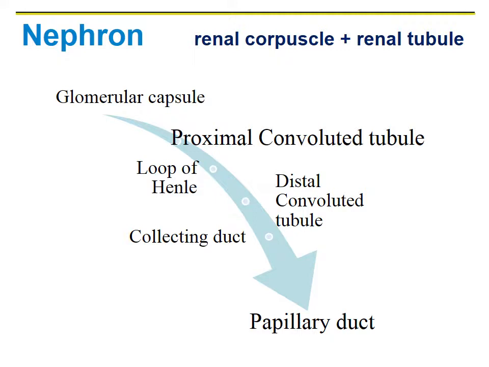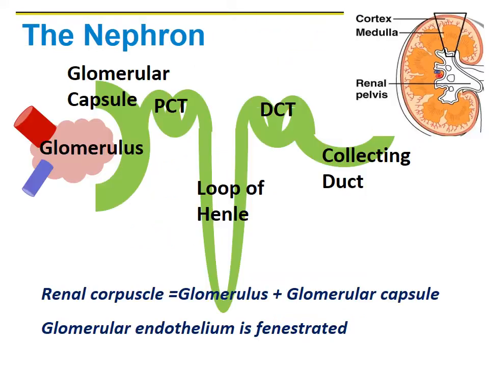The renal tubule then empties into a larger collecting duct, which flows the waste liquid through a papillary duct into the cavities of the kidney. A diagram showing the specific structures of both the renal corpuscle and renal tubule. Why names for these two things?